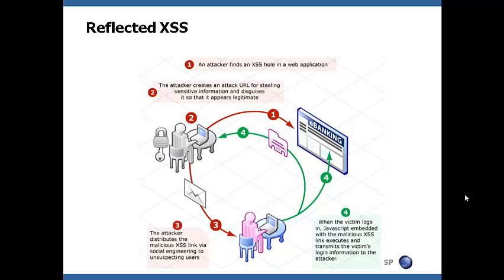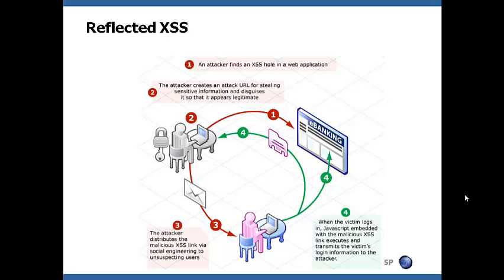Now he will send the whole information, or he can mail it, to some user of your site. By doing some social engineering, he will persuade a user, a common or legitimate user, to click on the link.